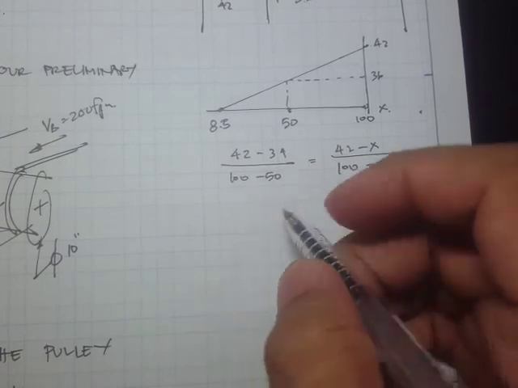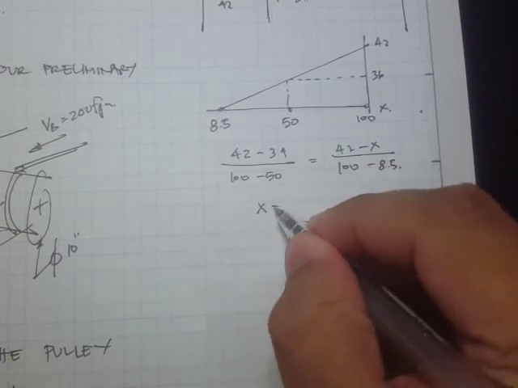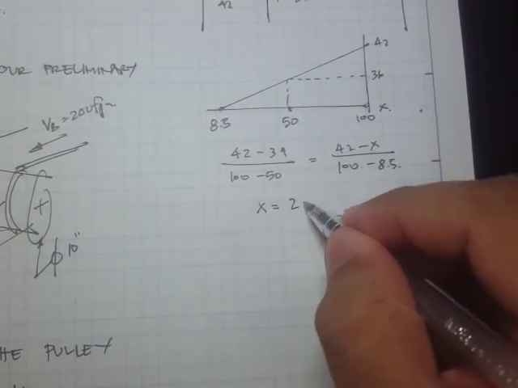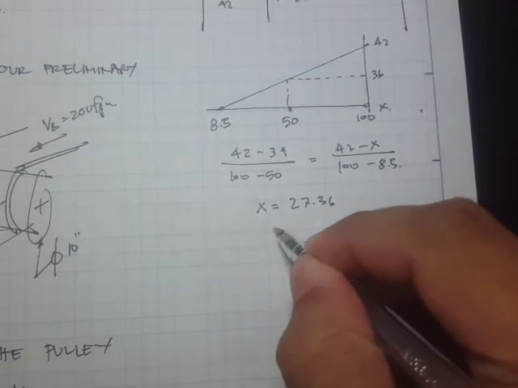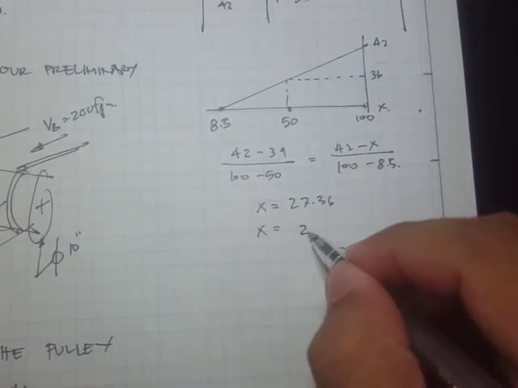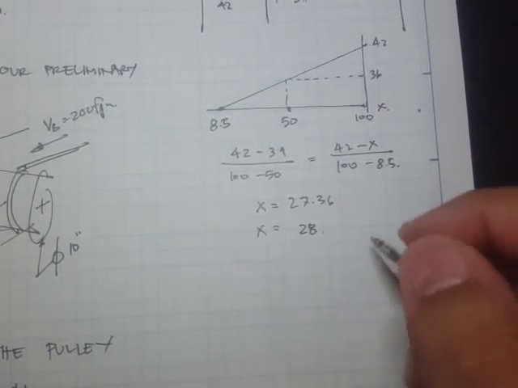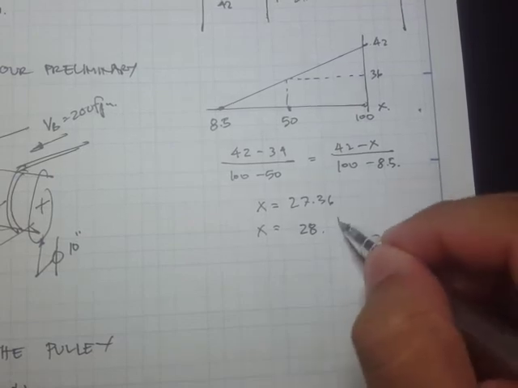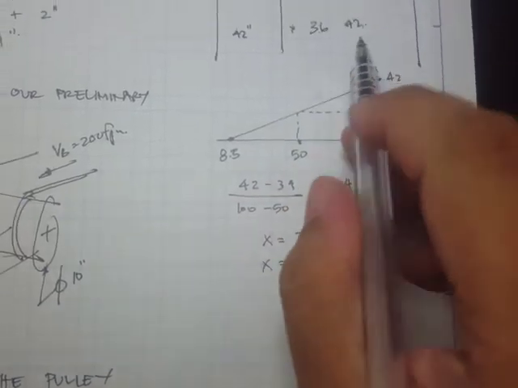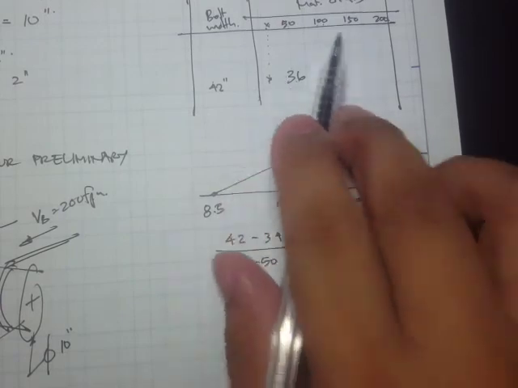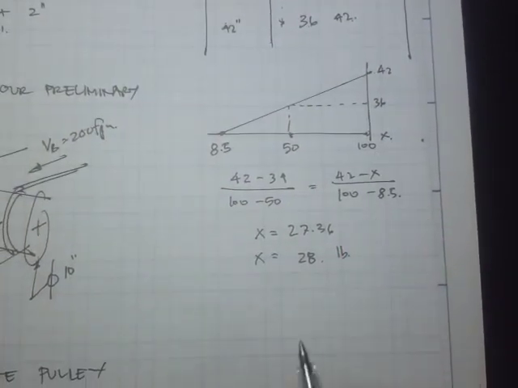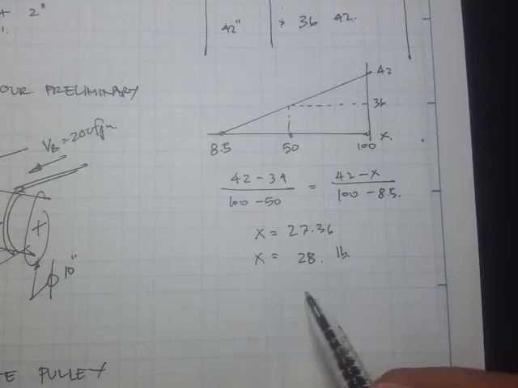So you can solve for x, and if you do the math, you get 27.36, or let's just say x is equal to 28. Okay, so that's the weight. The values here are the weight of the mechanical components without the material.